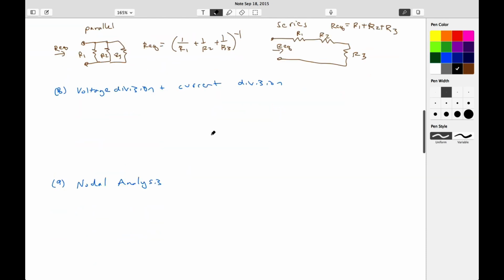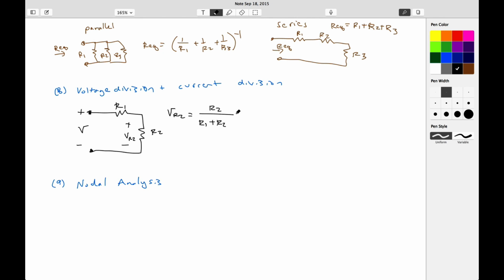Next up, we have voltage division and current division. You may or may not remember this, so I'm making sure that it's in here. If I have a resistance R1 and a resistance R2, and I have plus minus some voltage here, and I know the voltage at this node, then the voltage across R2, let's say this is plus minus V R2, is equal to the resistor R2 divided by the sum of the resistances times the input voltage.